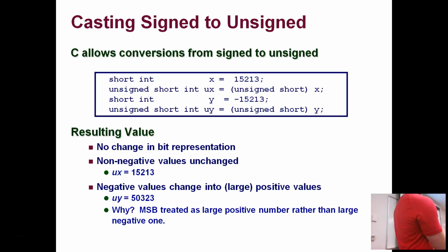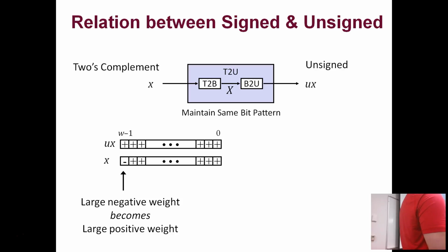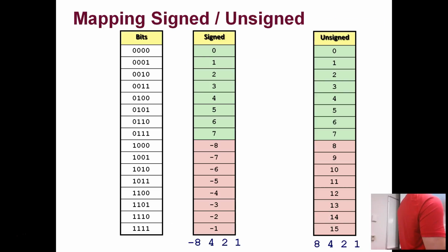If you have negative 15,213 as a signed integer, and you cast it to unsigned, it's going to turn into 50,323. Instead of negative 32,000, it's going to add positive 32,000 to this number, and you get this large swing in the value of that integer. Okay, so that's a picture of what it does.